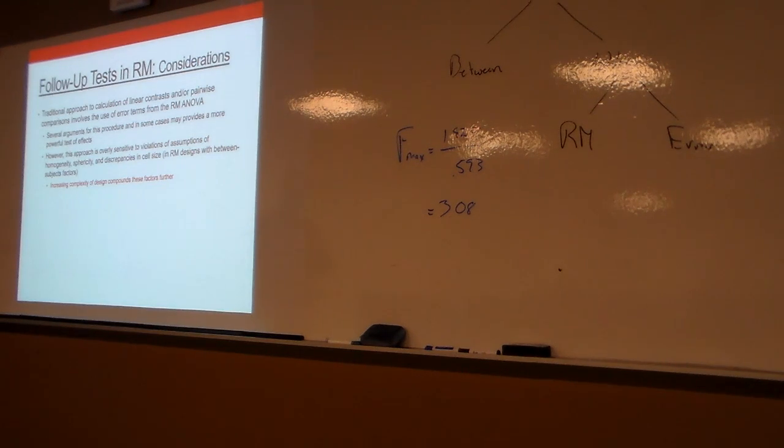And as we start to increase the complexity of our designs, adding in between and within subjects factors, all of a sudden we become more and more concerned about whether these tests using the classic approach, where I just pull error terms from my overall ANOVA table, are going to be viable.